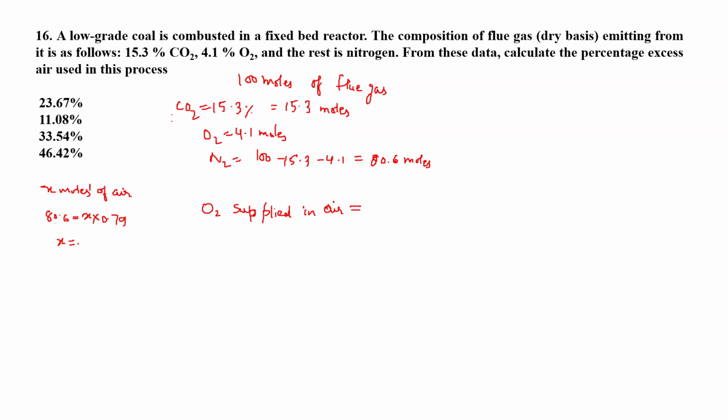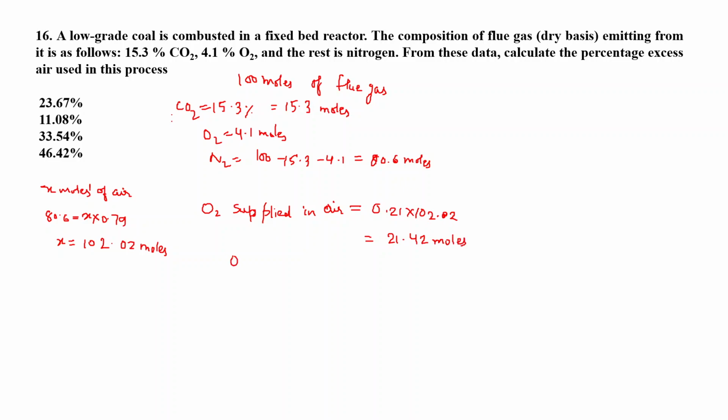So we will be getting 102.02 moles of air. So oxygen in the supplied air will be 0.21 of 102.02, which is 21.42 moles.